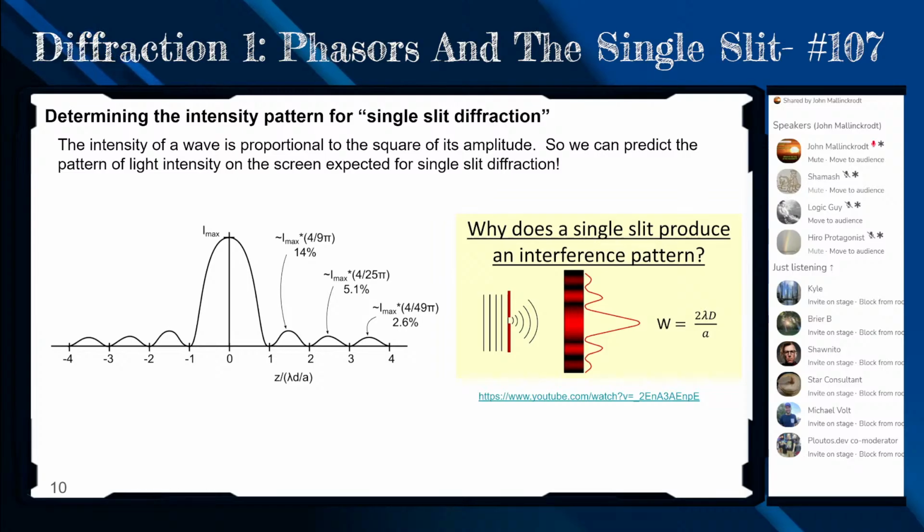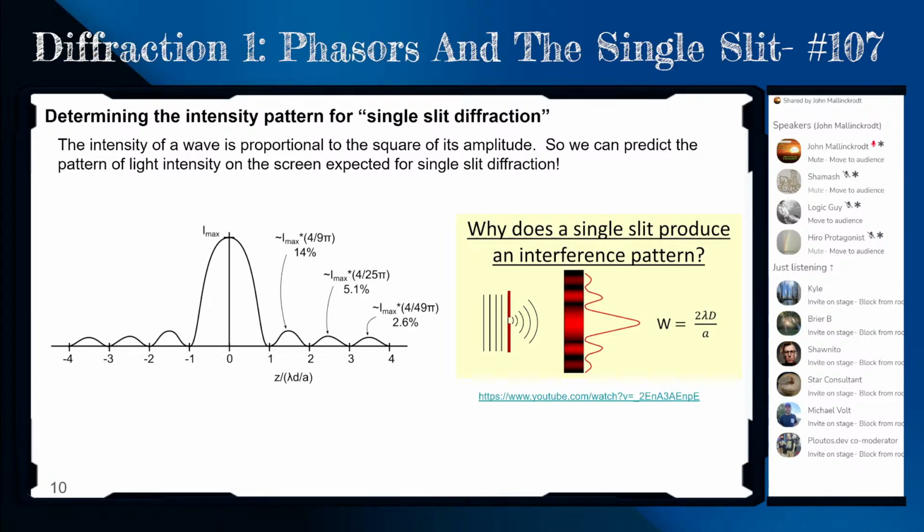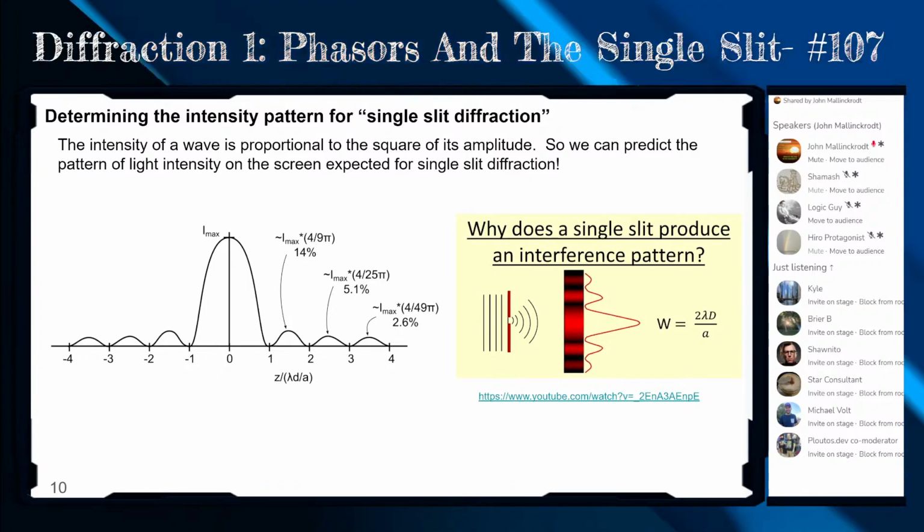That's really important. Twice as wide as all of the secondary maxima. The secondary maxima go from 1 to 2 or 2 to 3 or 3 to 4. The central maximum goes from -1 to 1 because there's not a 0 at 0.